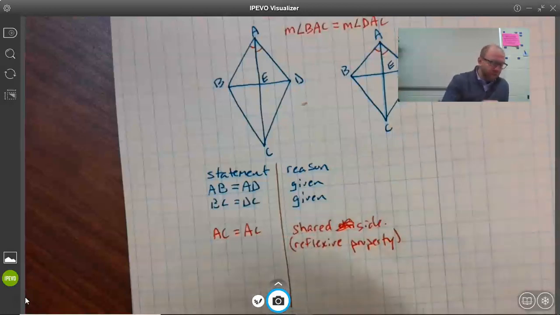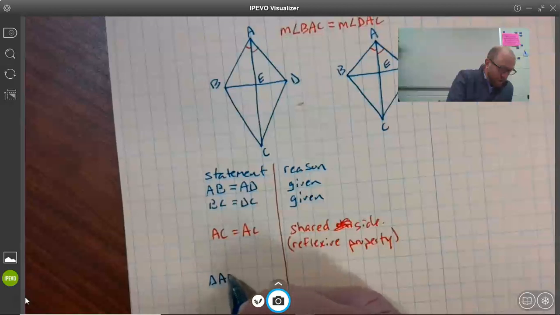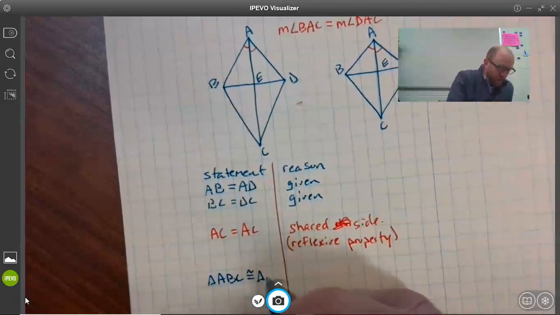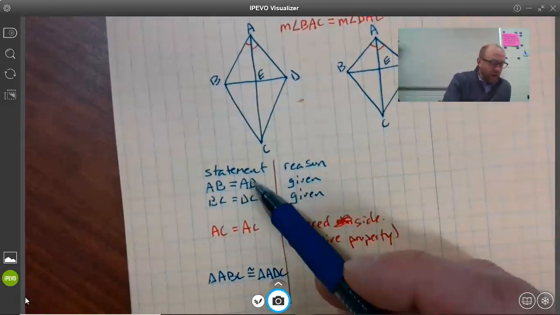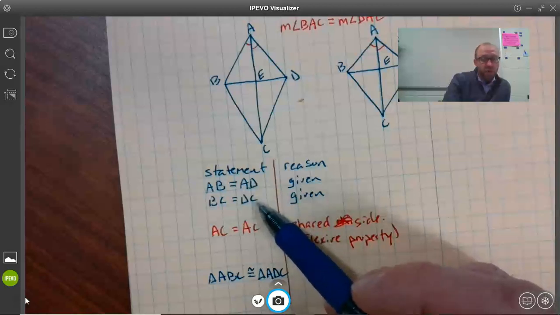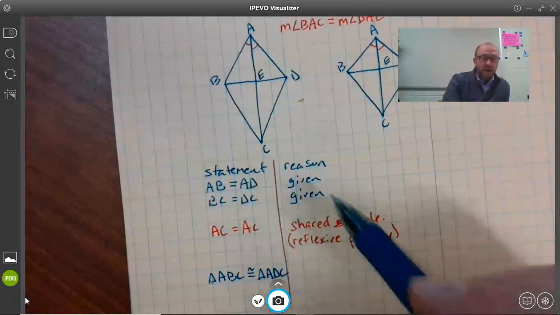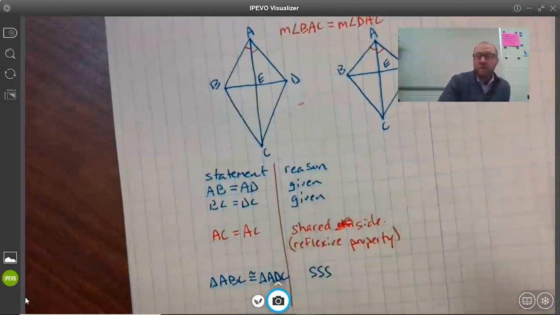Okay. So then I could say, based on all that, that triangle ABC is congruent to triangle ADC. So I've got one pair of corresponding congruent sides, another pair of corresponding congruent sides, a third pair of corresponding congruent sides, and by side, side, side congruence, that's enough to show that the two triangles are congruent.